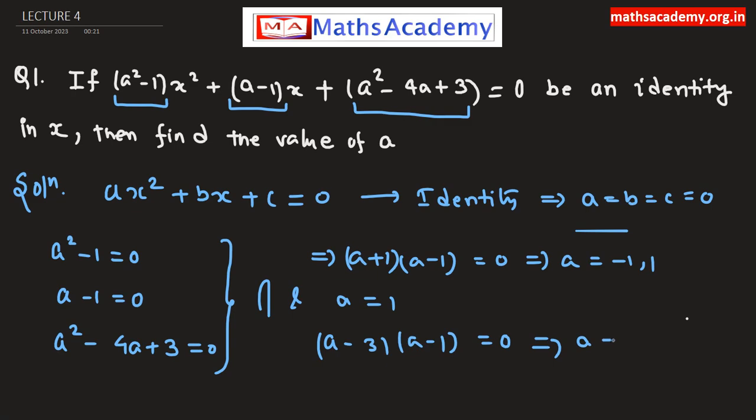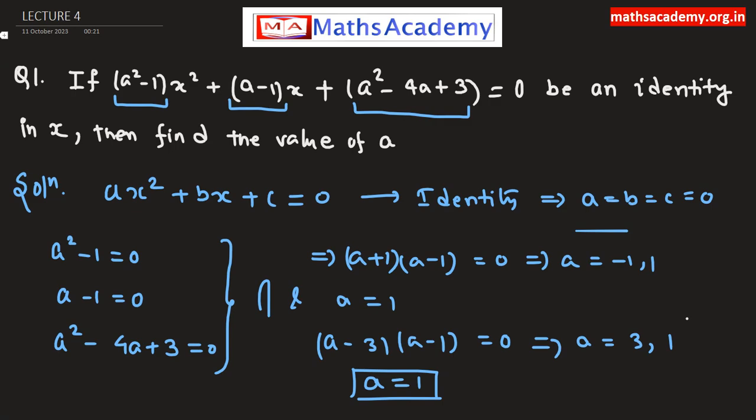This implies a should be 3 and 1. Now if you take the intersection of these solutions, we have a is equal to 1 only. So at a is equal to 1, the above quadratic will become an identity. Hope all of you understand this concept.